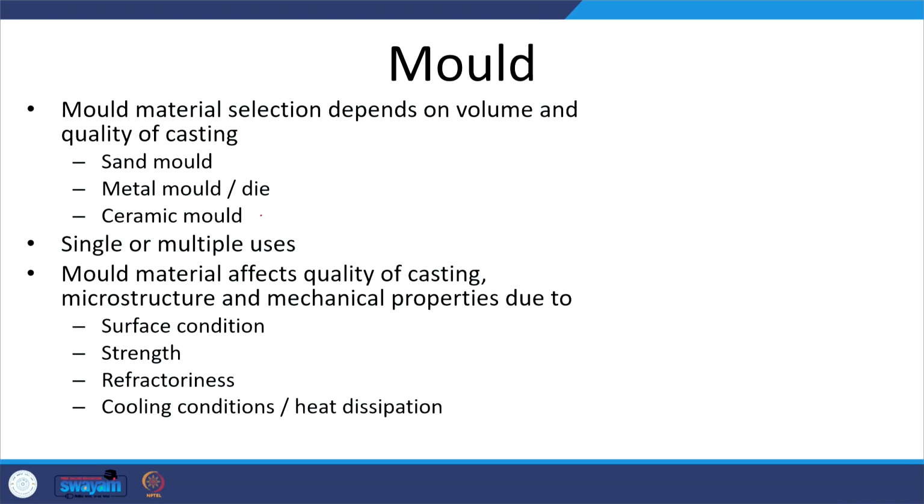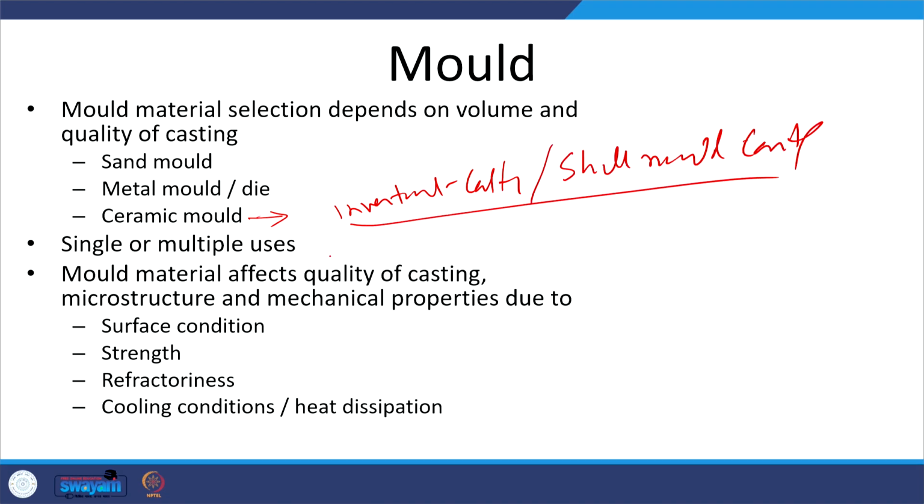A ceramic mold is used in investment casting and shell mold casting. In this case we use ceramics for making the mold. Certainly, due to the low thermal conductivity, these are usually thin walled, so these offer low cooling rates.